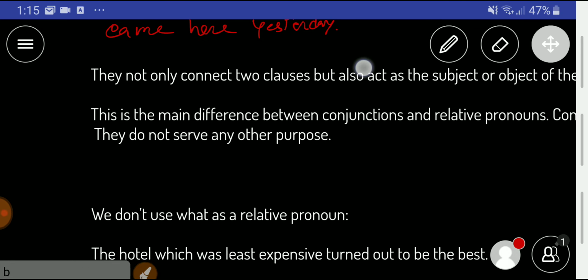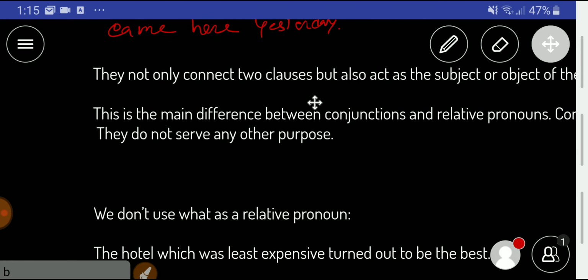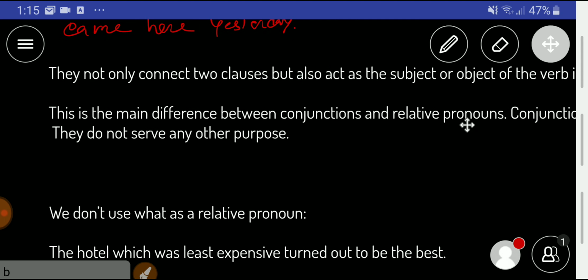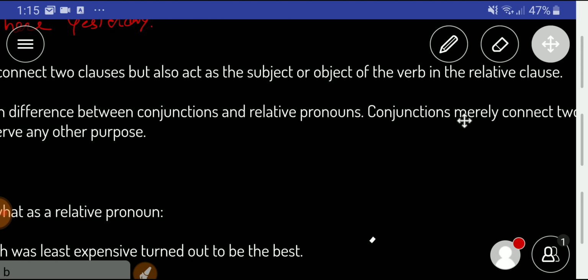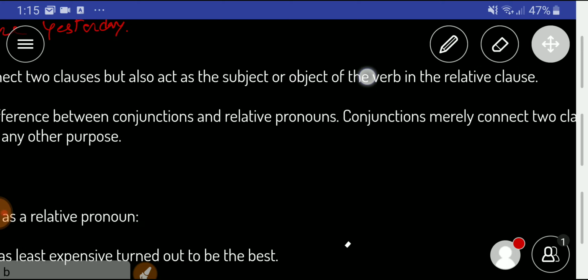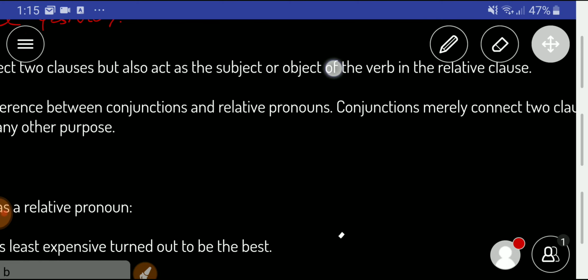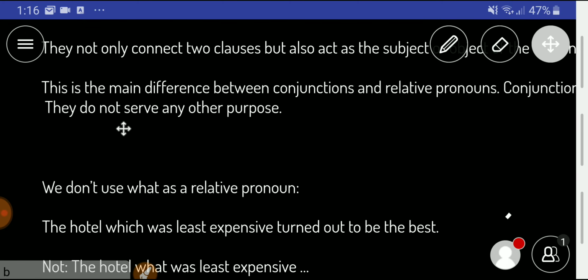I think I have told you these things before. The only difference between conjunctions and relative pronouns is that a conjunction merely connects two clauses, it doesn't serve any other purpose.